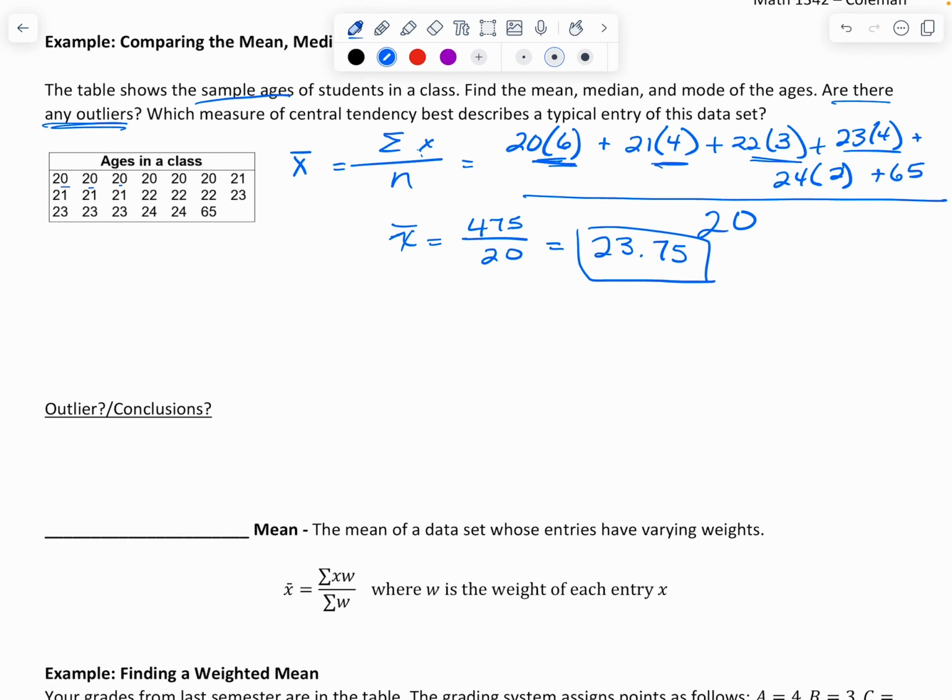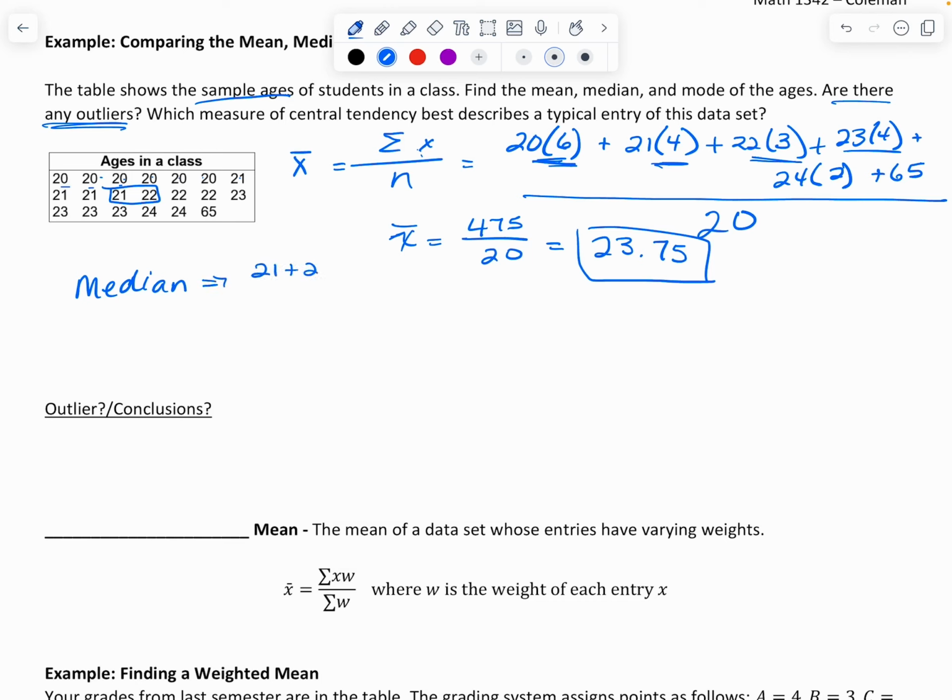All right, so there is my mean. My median, well, these numbers are in order, so that's good. Because there's 20 of them, there's going to be 2 in the center. So 1, 2, 3, 4, 5, 6, 7, 8, 9. So that's going to put 21 and 22 in the center.